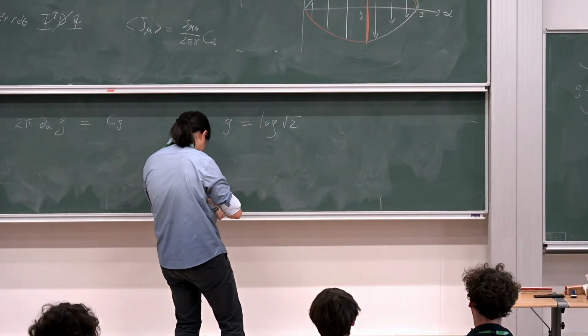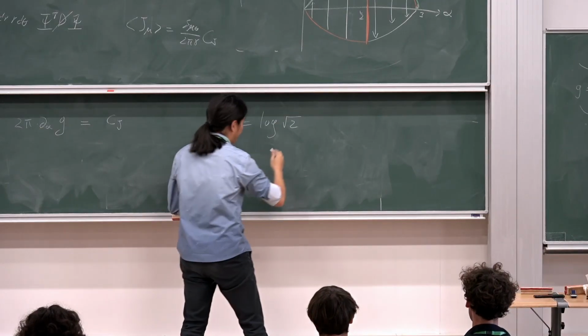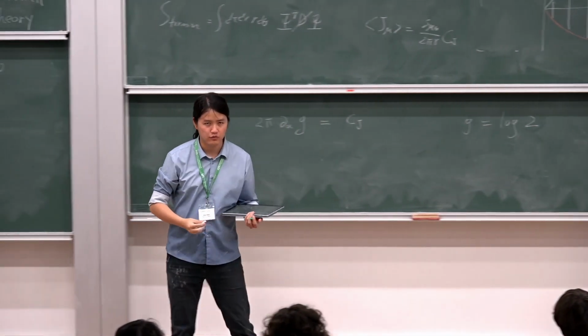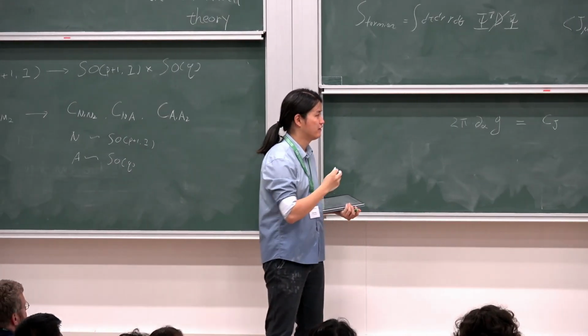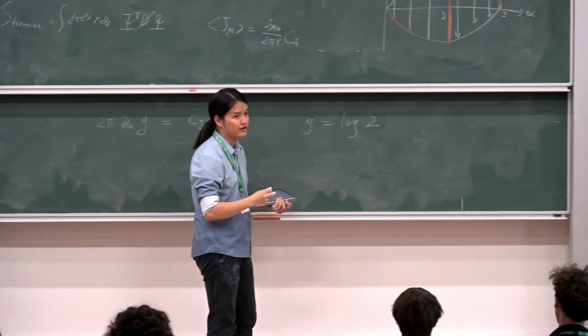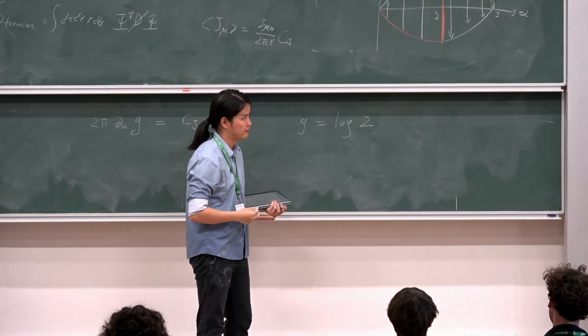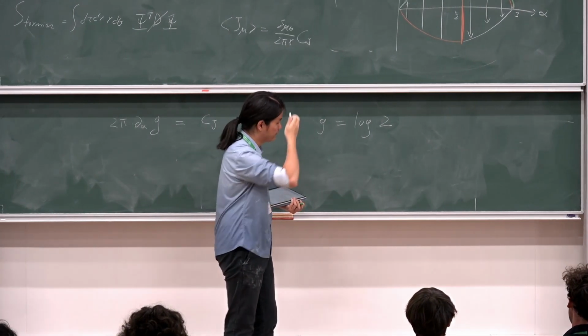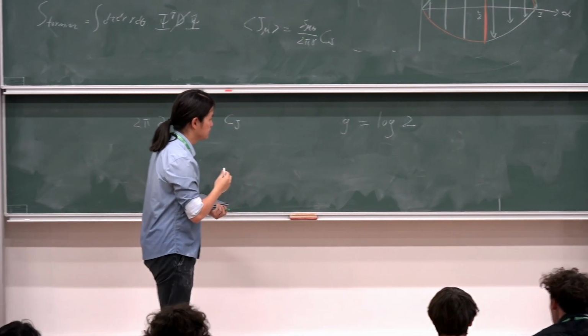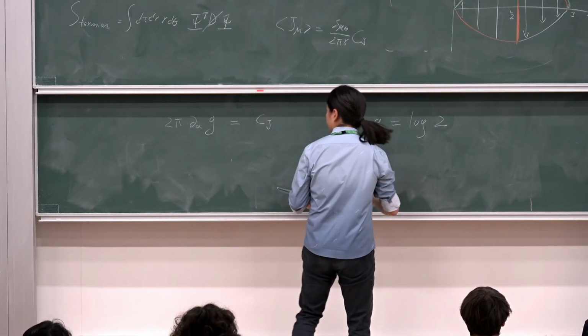Log 2, sorry, it's actually log 2. So we have found that when you go back to the same theory, you do not end up with the same DCFT, but instead there is a qubit of degrees of freedom that is decoupling from your defect CFT and your bulk theory. Yeah, that's what I'm going to say about this.